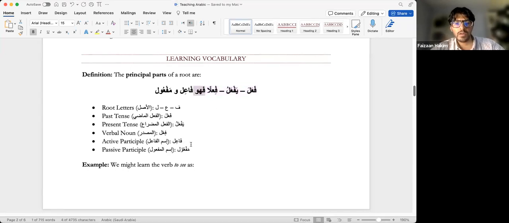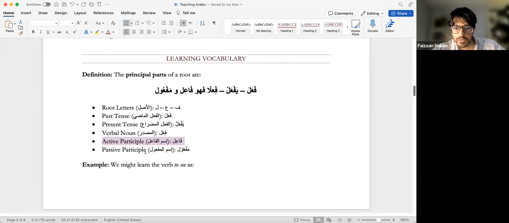And remember, we have two things from the verb. We can derive the active participle and the passive participle. The active participle means the doer of the verb. So if fa'ala means to do or to act, fa'il simply means doer or actor.